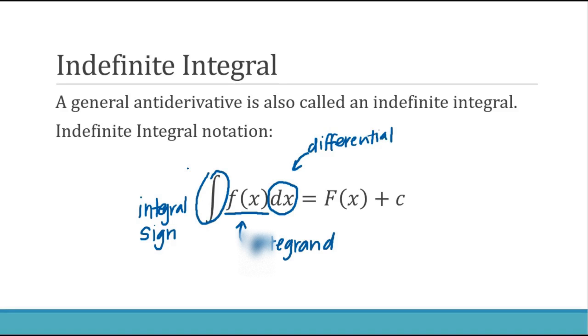So we have to take the integral of the integrand f of x, and the differential says what variable to take the antiderivative with respect to. And then big F of x is the antiderivative, and then c is the constant of integration.